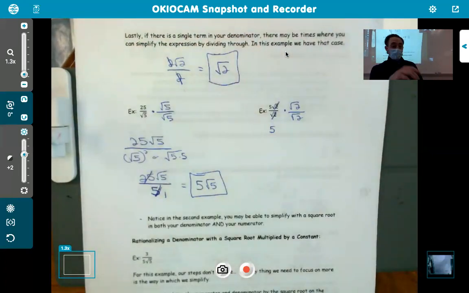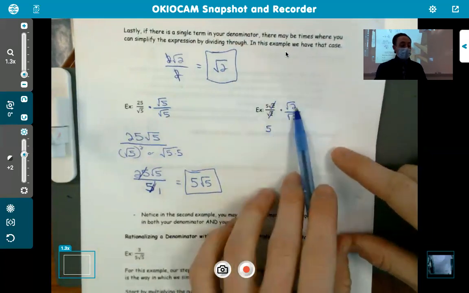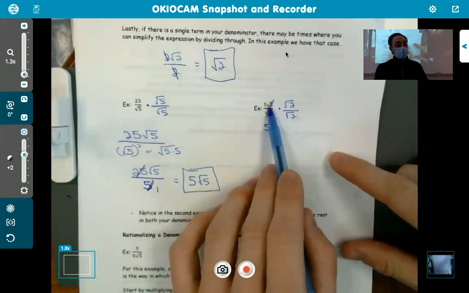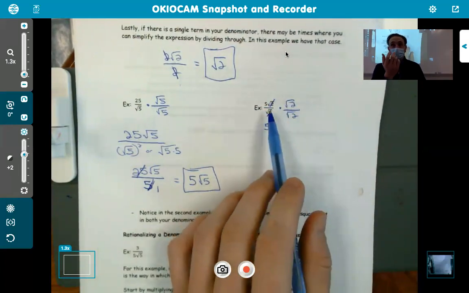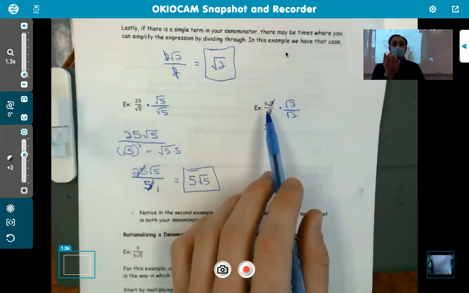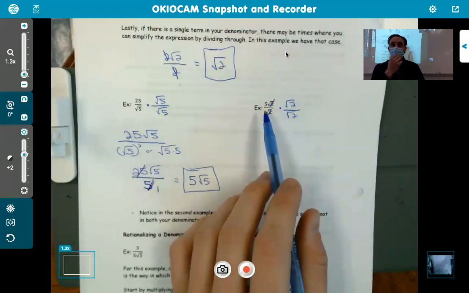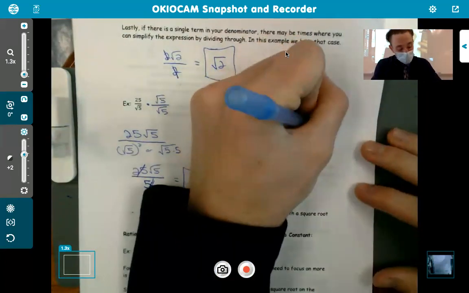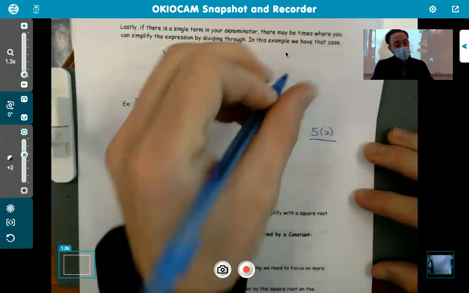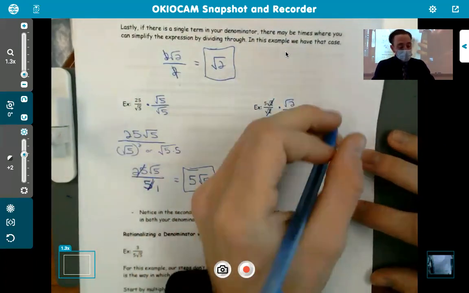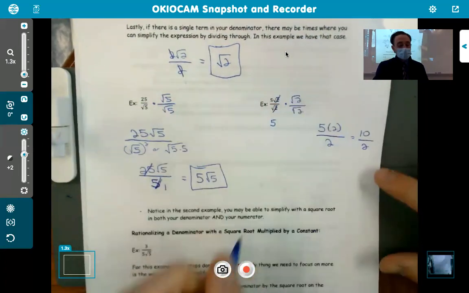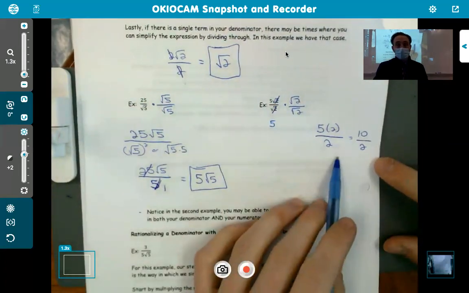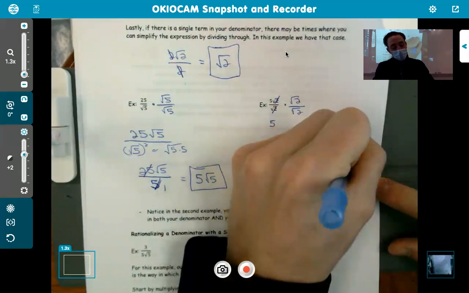But if we were to go through this process, I'll just show this, I would have 5 square root of 2 times square root of 2. Well, what's root 2 times root 2? What's that going to give me? So I'd have 5 times 2. Root 2 times root 2 is going to give me 2. Well, if I have 10 in my numerator, 2 in my denominator, how does that simplify? To just 5, right? And that's what I get.